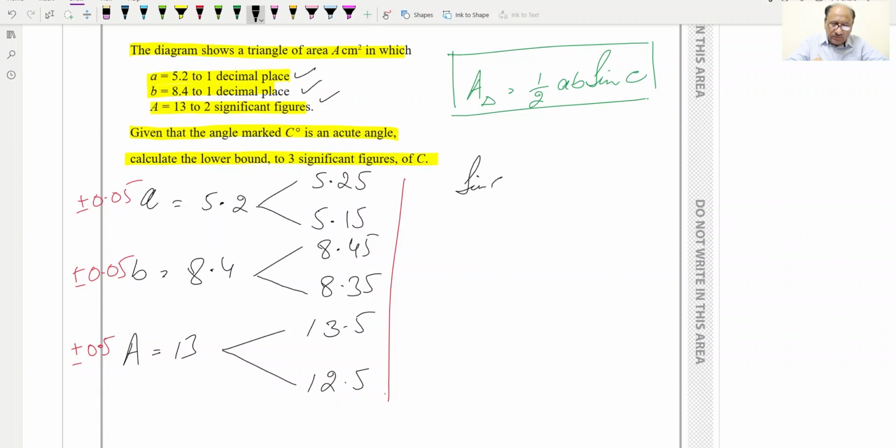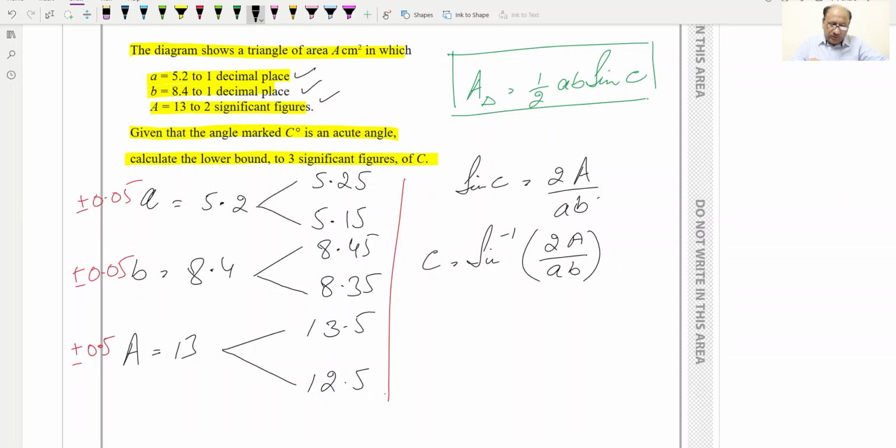So sine C will be equal to 2 into A over AB. Now we can write C will be equal to sine inverse of 2A over AB. This will be after making C the subject.